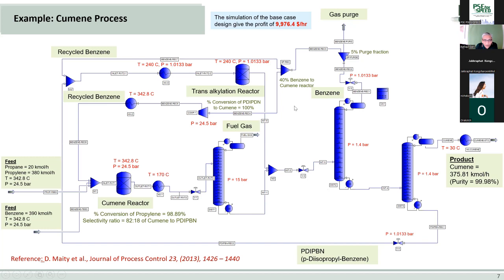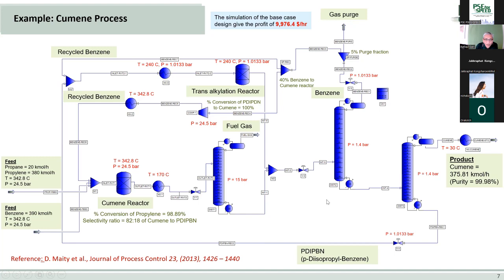So this is what we would call a base case, because whenever we are doing decarbonization, similar things like this, we always need a reference. And so this is the reference.